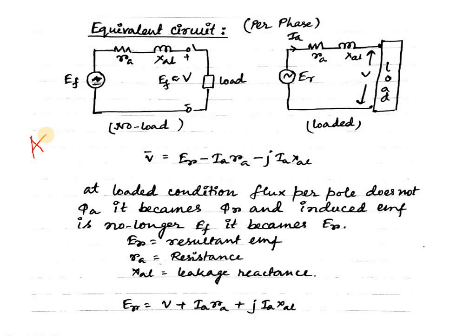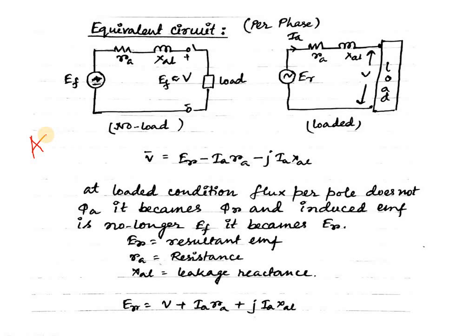So if we analyze the equivalent circuit of phase A, the equivalent circuit of B phase will also be similar, and C phase will also be similar. So when considering a three-phase synchronous machine or three-phase induction machine, we always draw the equivalent circuit per phase.